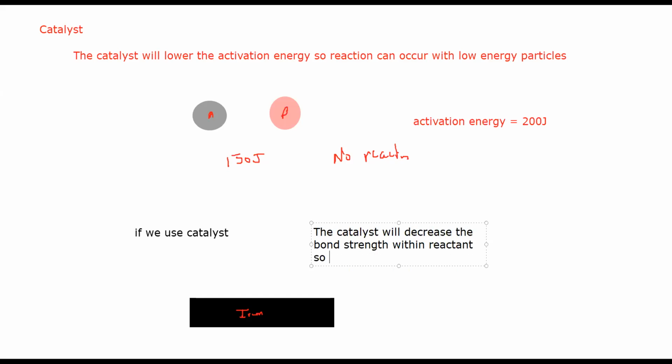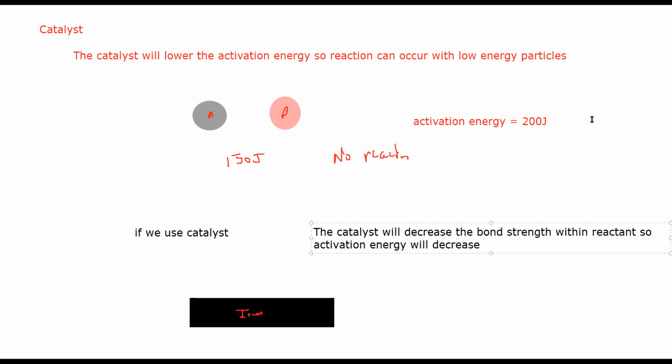So the activation energy will decrease. Because of how a reaction occurs: the bonds of the reactants should break and then form a product.